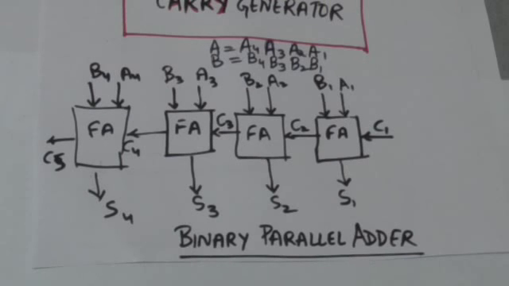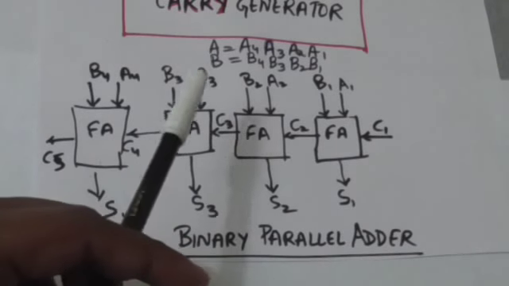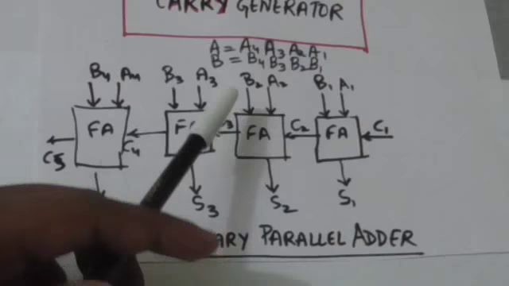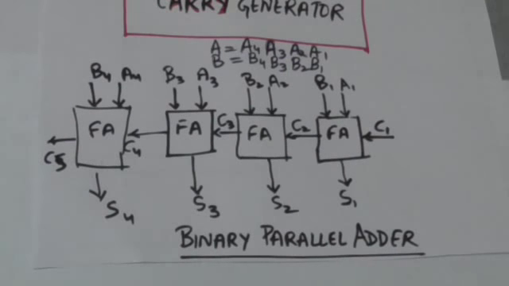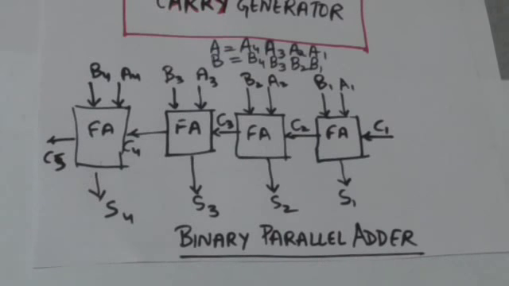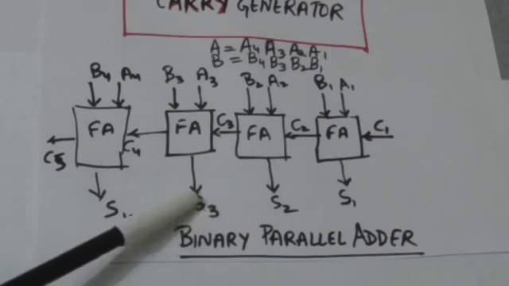So it means C4 has to wait for C3 and C3 has to wait for C2, which results in more time consumption to produce correct sum by binary parallel adder.